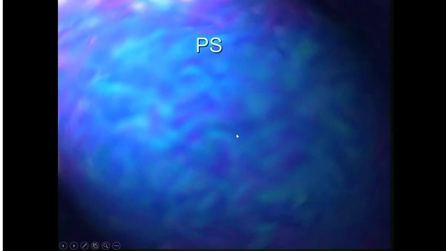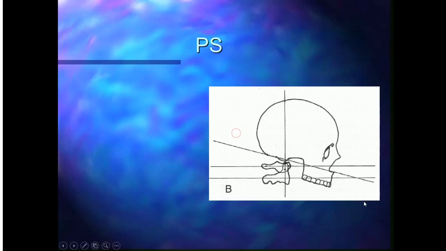So when the chin goes down, the bottom of the condyle is going to slide posteriorly. Now we're going to learn how to draw these lines a little bit later, but this is a line representing Atlas right here. It's called the A to P Atlas plane line. This line right here is the foramen magnum line, and it represents the base of the skull. They ideally should be pretty close to parallel.